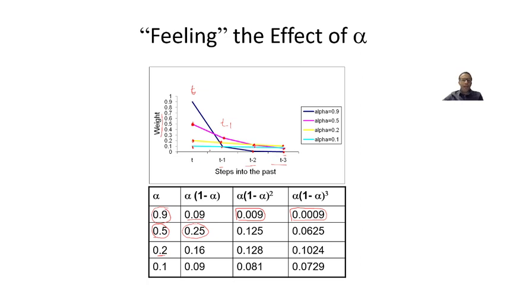So if alpha is 0.1, we are giving almost equal weight to the previous data, and this is equivalent to a moving average, especially when alpha is very low. When alpha is very low, we are doing a moving average because we give the same weight to all observations, and you can see that is true here by looking at the coefficients and what happens with the weight that we give to the observations.